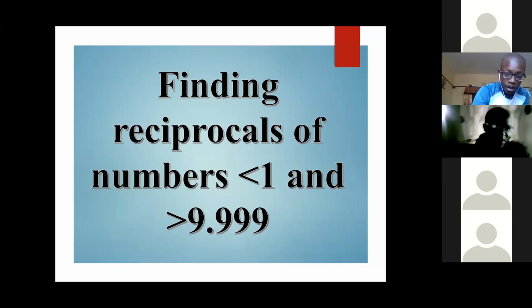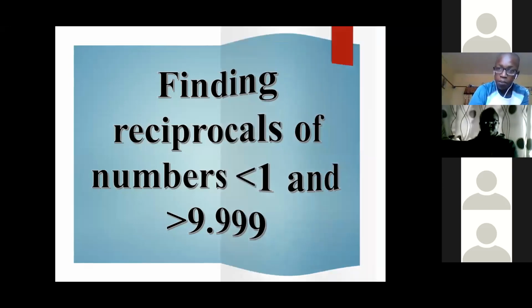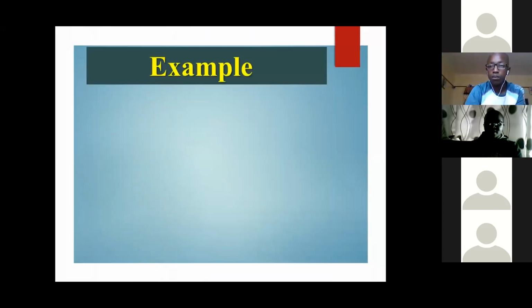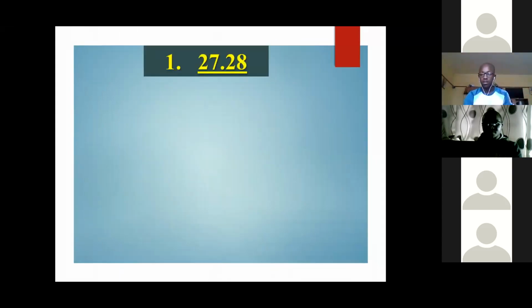Sorry, my power is out again, but we shall continue. Our first example is this one here, 27.28. You can agree with me that dividing 1 by 27.28 using the long division method will really take you some good time.